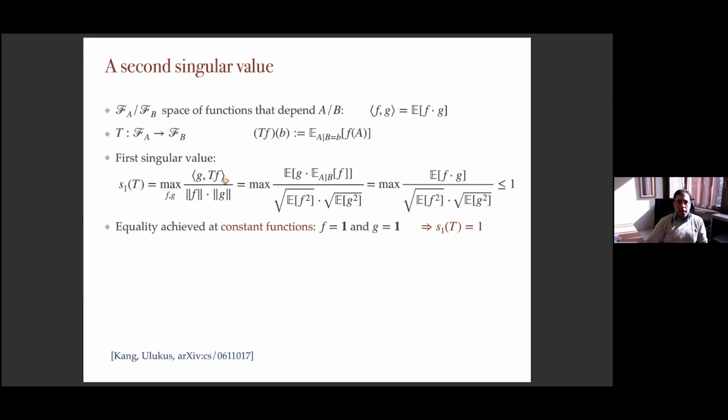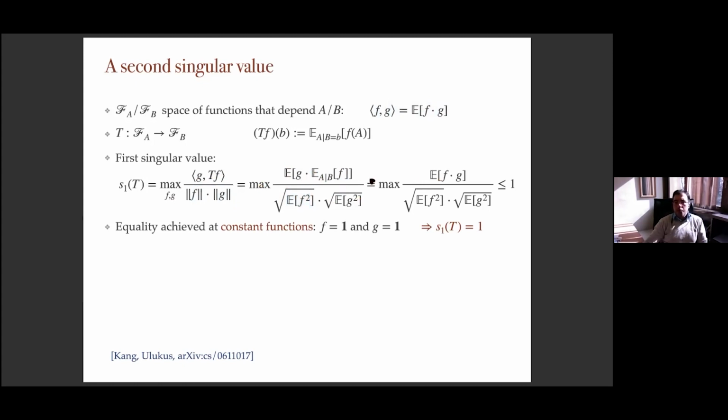Now I can expand this. What's T of F? By definition, it's this conditional expectation, and then I have this expectation on the outside, and here I have these norms. Of course, the norms are with respect to this inner product. So the norm of F would be the square root of the expectation of F squared, and similarly for G. I'm just rewriting this.